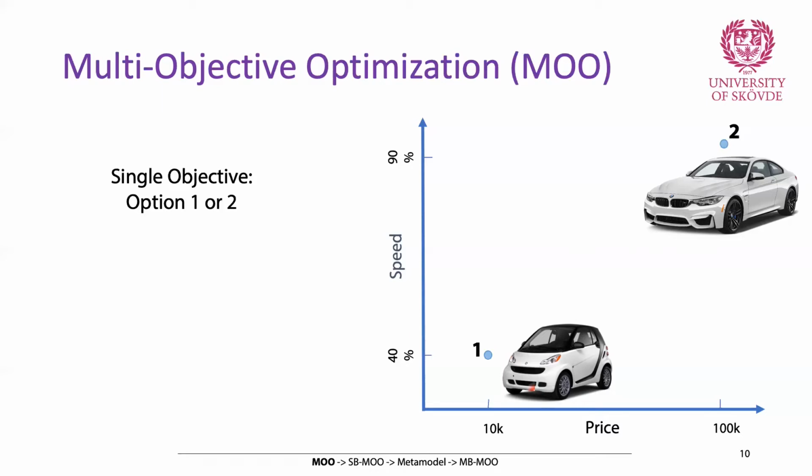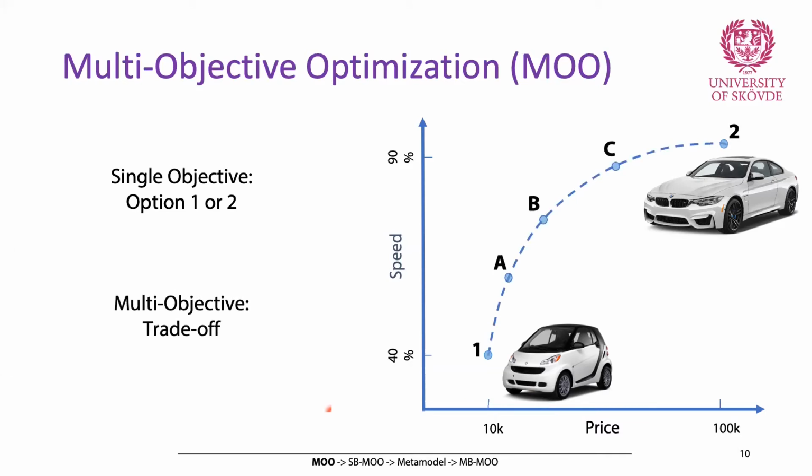Then in multi-objective optimization, we will have a set of solutions. So in multi-objective optimization, there is no one optimal solution, and there is a set of optimal solutions. And in our case here, we can see that three other cars, car A, B, and C, are between the two extreme solutions.